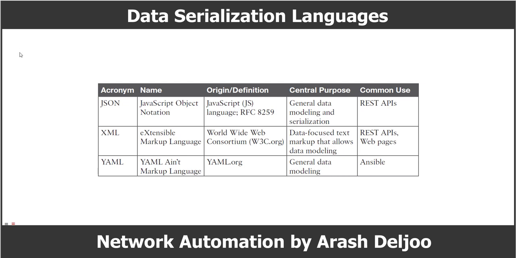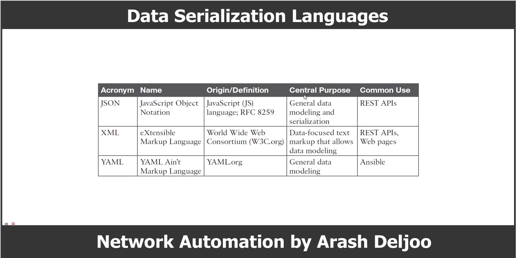About the origin or definition, JSON comes from, for example, the JavaScript or JS language, RFC 8259. The origin of XML is the World Wide Web Consortium, w3c.org. The origin of YAML is YAML.org.